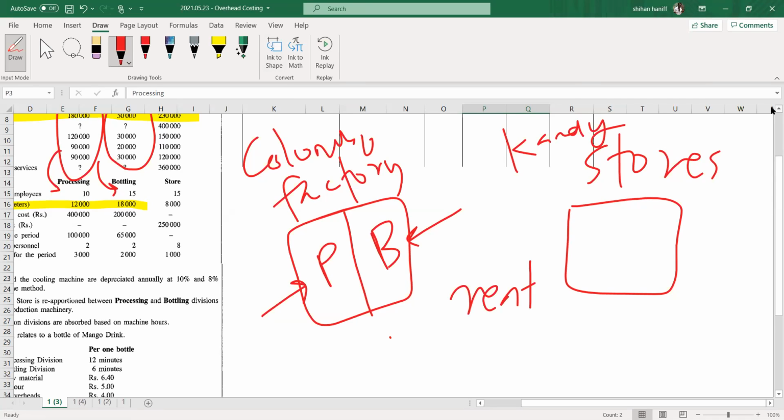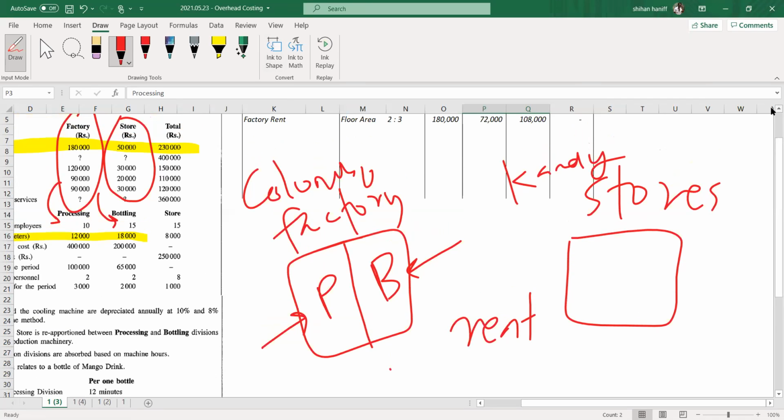The stores' rent is directly given, which is 50,000. The factory's total rent is 180,000. So you have to see how much is for the processing department and how much is for the bottling department. We divide the 180,000 rent based on the floor area.